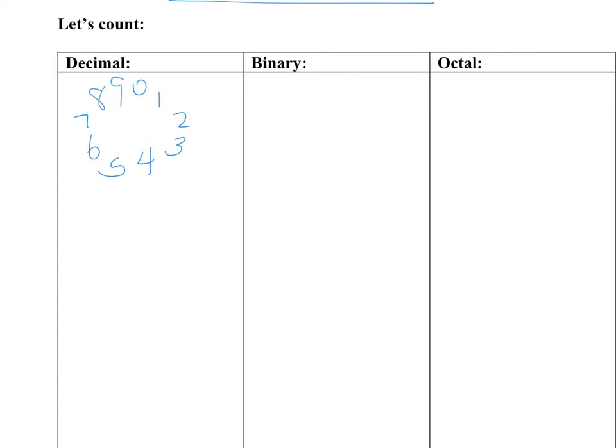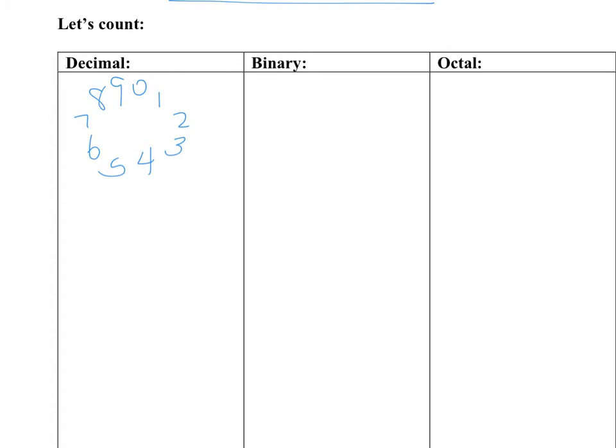On this clock, every time you go around the clock, you add on another digit, like a tens digit in this case. So we know we have the 1 spot.